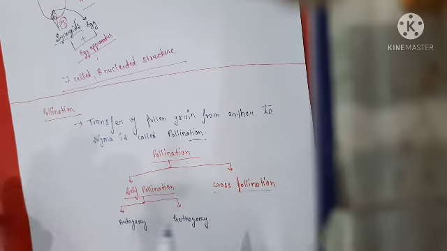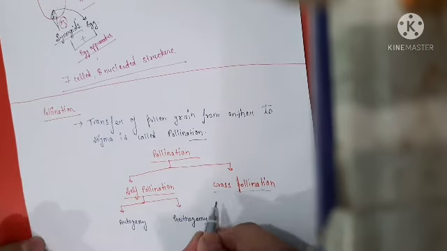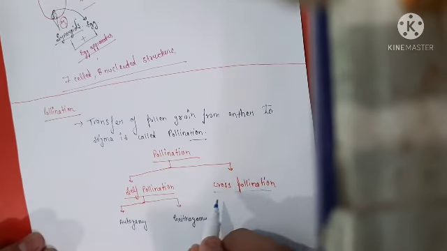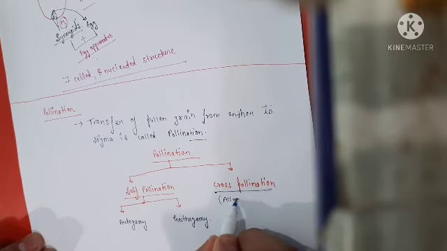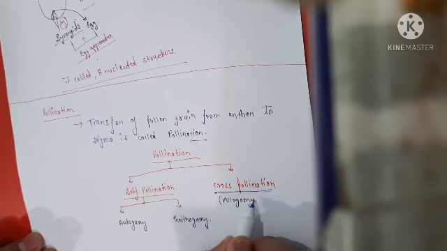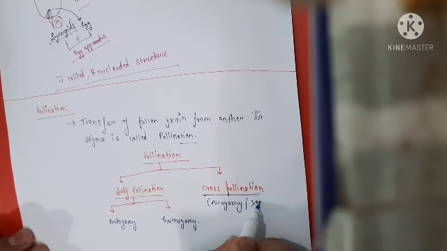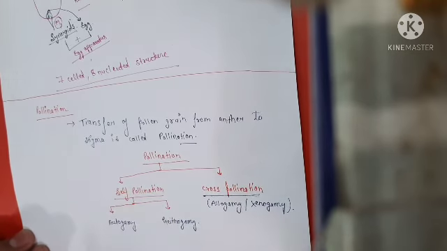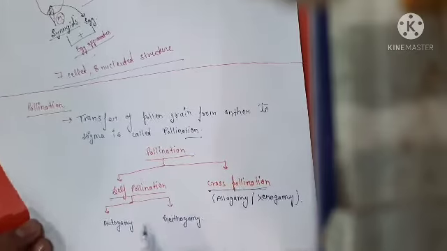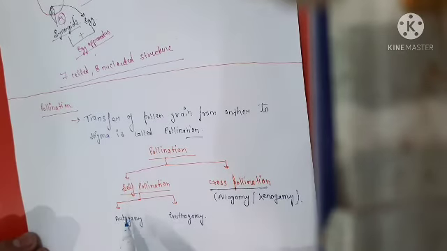Cross pollination is also called allogamy or xenogamy. Okay friends, self pollination has two types, autogamy and geitonogamy. Cross pollination is also called allogamy or xenogamy.